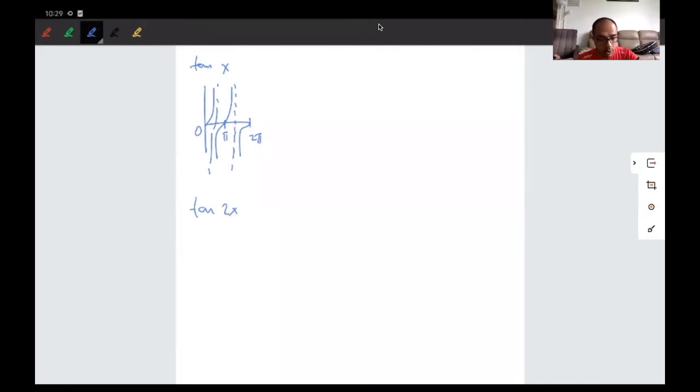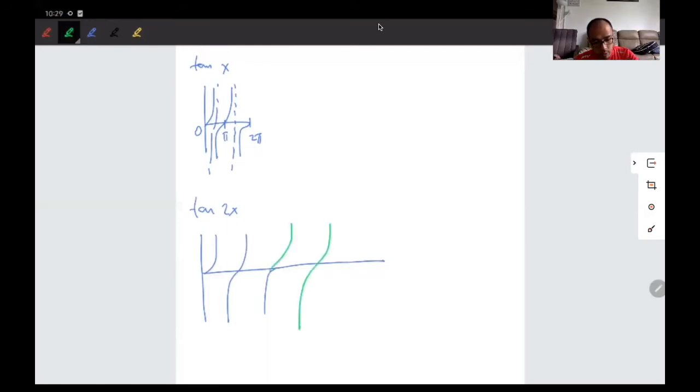Okay, that means you are going to need tangent 2x. 1, 2, and the second half is this 1, 2, and then 3. So over here is 2 pi. The halfway point is pi.